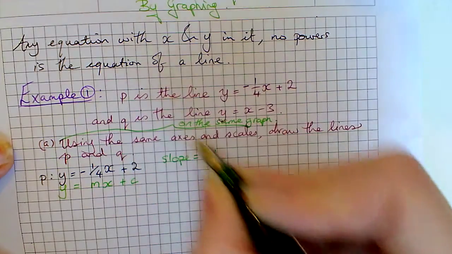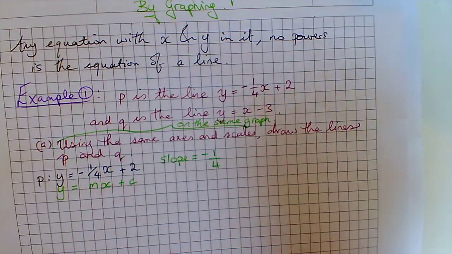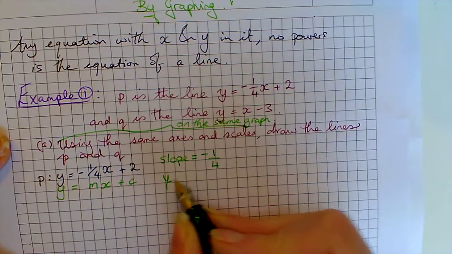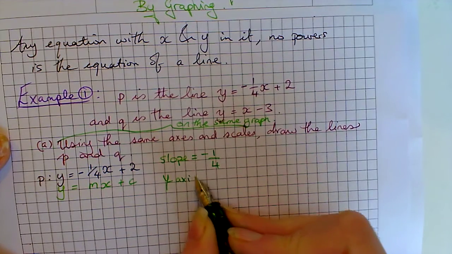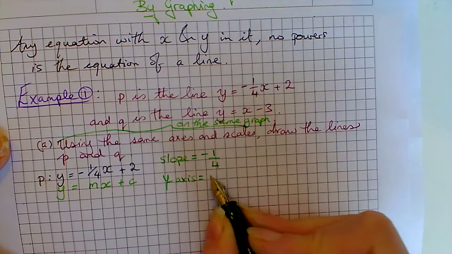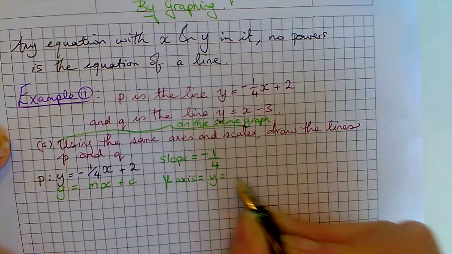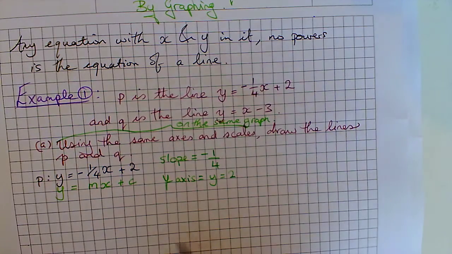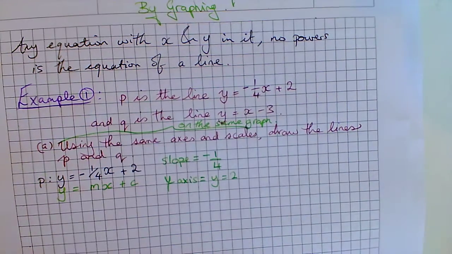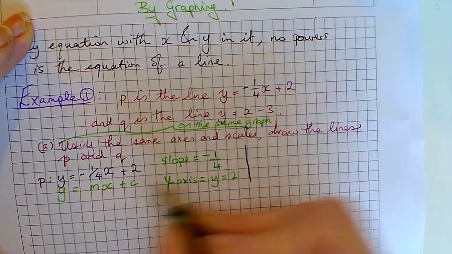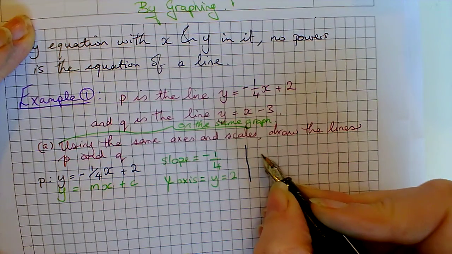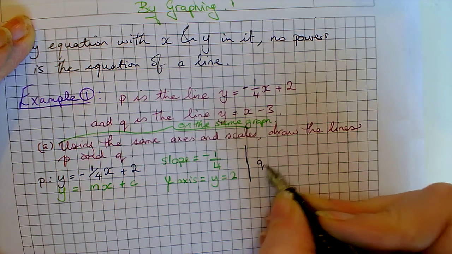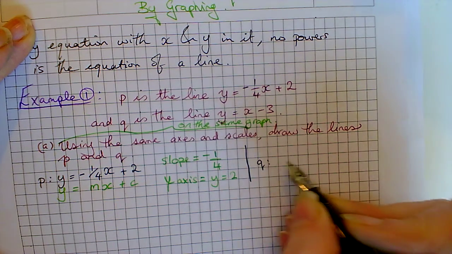So it's a negative slope, sloping downhill. And my y-intercept, where it crosses the y-axis, is at y equal to 2. It's been a little while since we've done this, and that's a reminder of the information given to us when our lines are in this format.